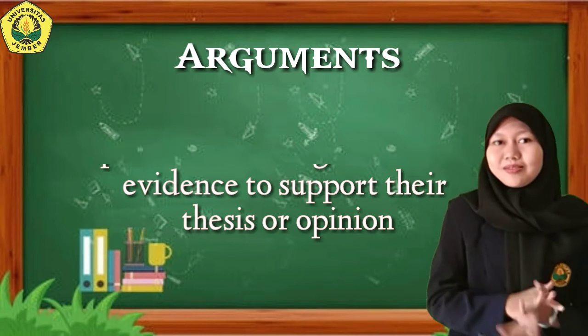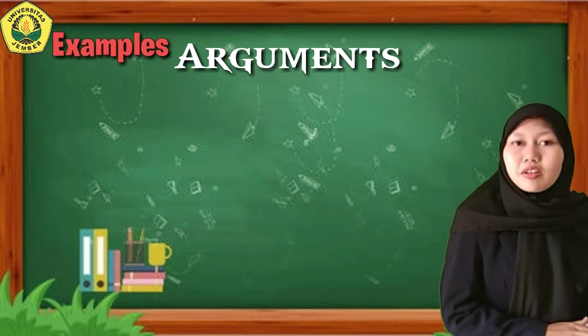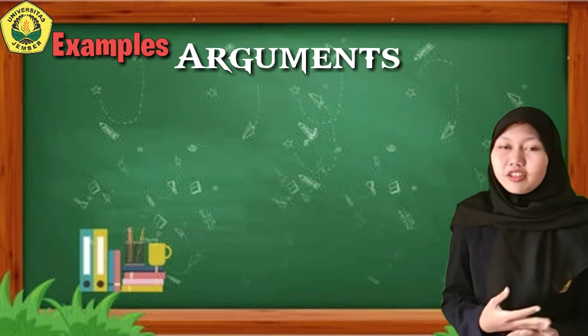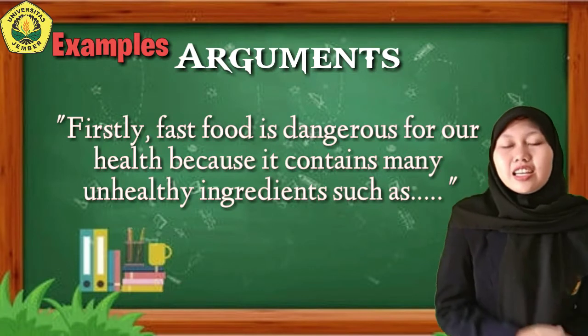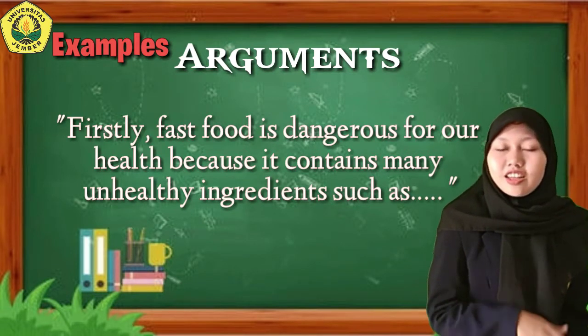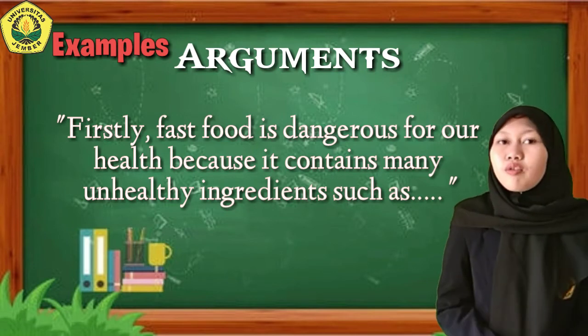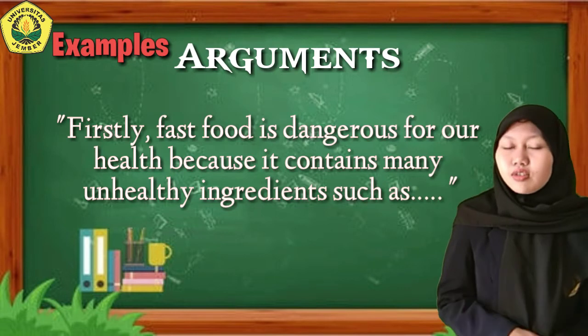If I want to talk about fast food like I did a few minutes ago, my arguments would be, for example, firstly, fast food is dangerous for our health because it contains many unhealthy ingredients such as the over amount of salt, sugar, unsaturated fat, and also cholesterol.